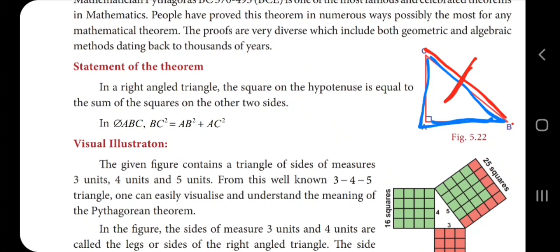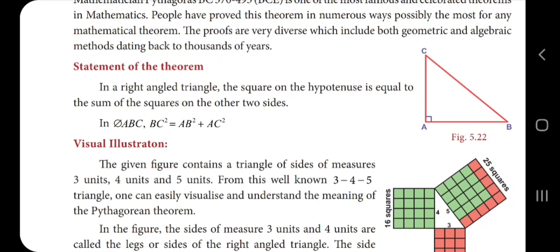Sum of the squares, for example, here 4 units means 4 square, and 2 square, the sum of the squares of the other two sides.